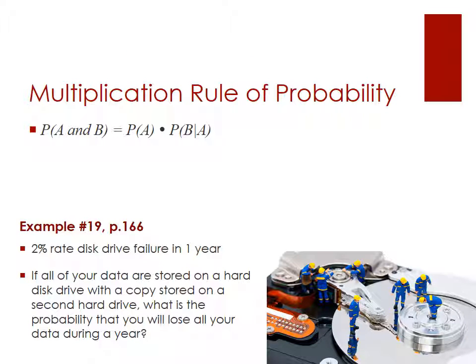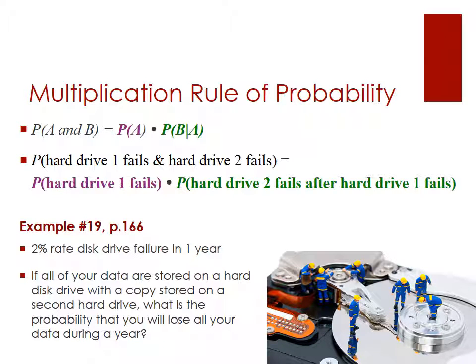If we take this and apply it, let's go back and look at our example for number 19, looking at losing all of our data if we have it stored on two different hard drives. If we were applying this formula to that problem, we would have the probability that hard drive 1 fails and the probability that hard drive 2 fails.